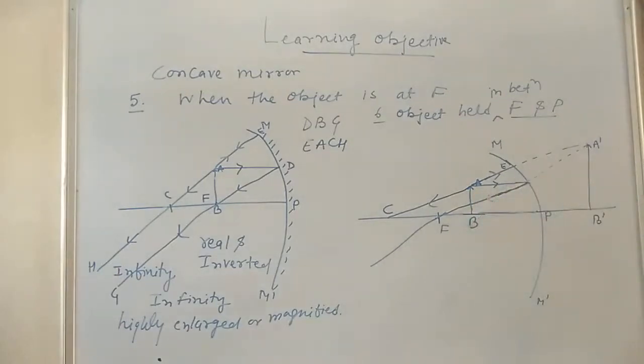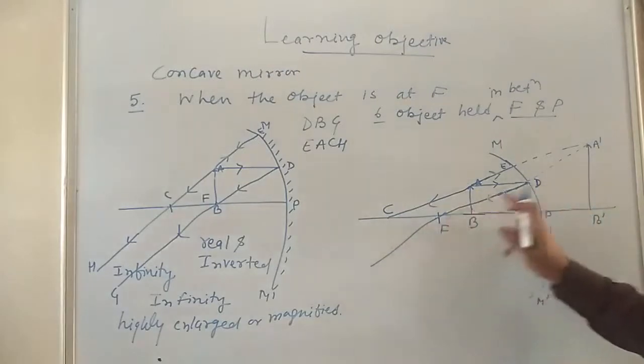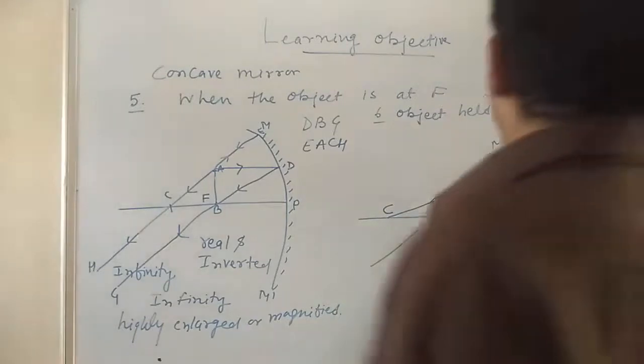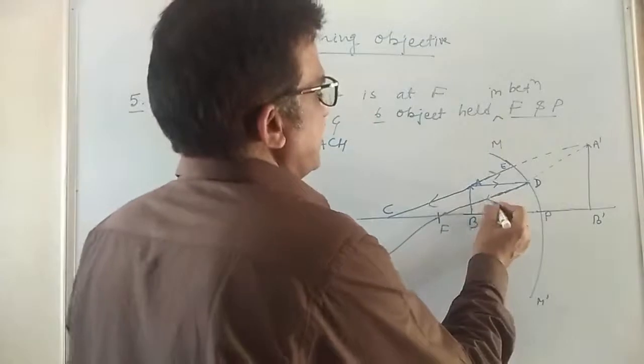In a direction parallel to the principal axis, a ray of light AD, this is D, which is parallel to the principal axis, on reflection at D passes through the focus. So see that first ray is going like this and passes through the focus.